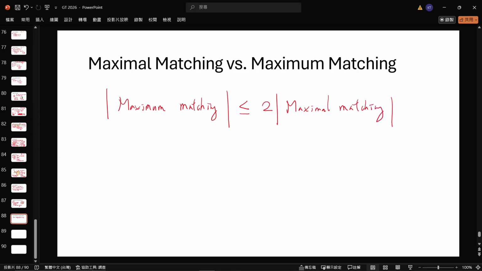Okay? So if the maximum matching has 10 edges, then the maximum matching has at least 5. So you cannot have only 3 edges in your maximum matching if the maximum matching has 10. So the ratio between these two sets, 2 at most, okay?